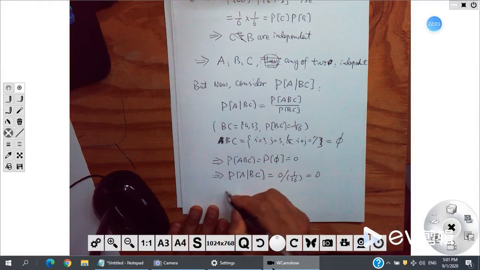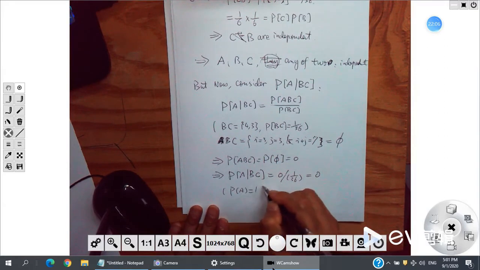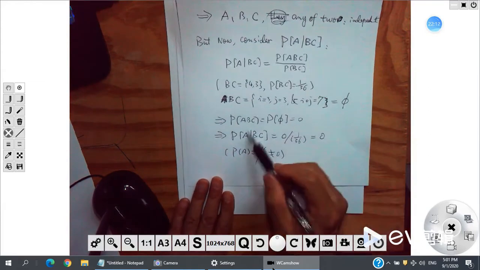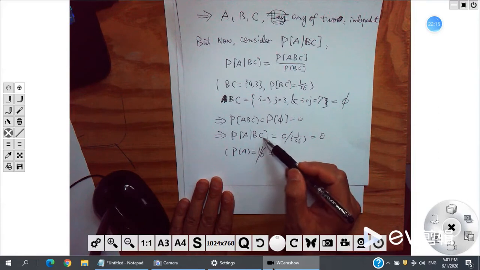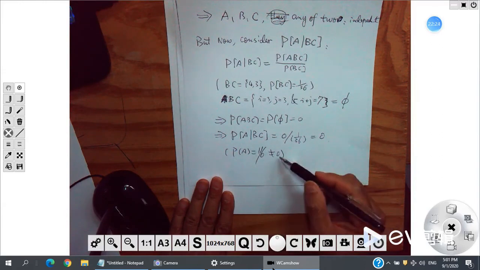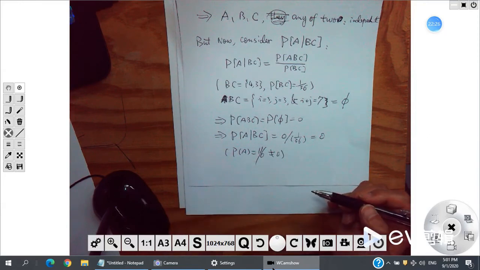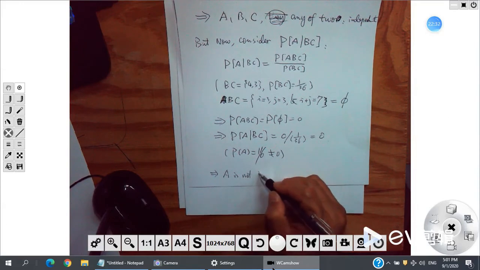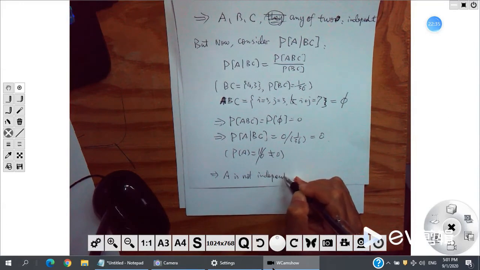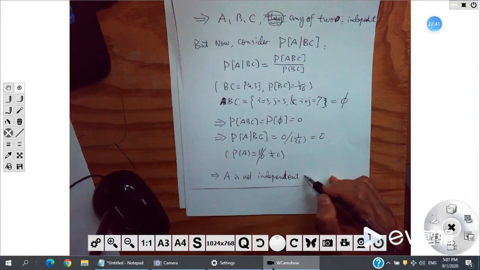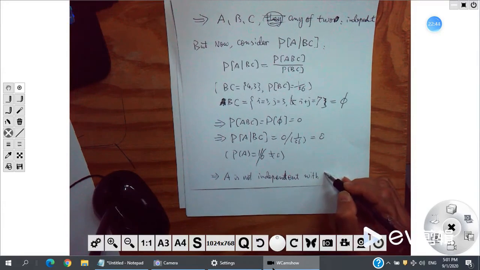We know P of A is 1/6, and this does not equal 0. So that means when you use B and C, happening at the same time, as a condition, A will have a different probability. Now it's 0, not 1/6, right? So we say A is not independent with the intersection of B and C.